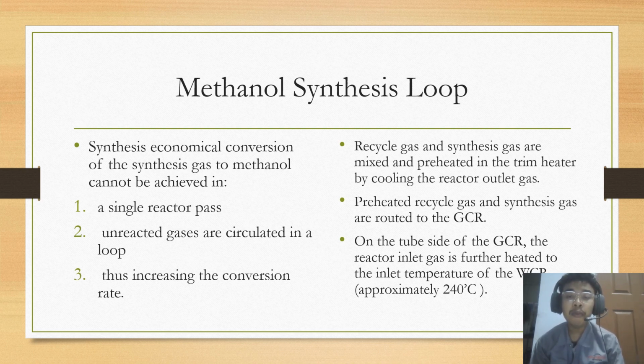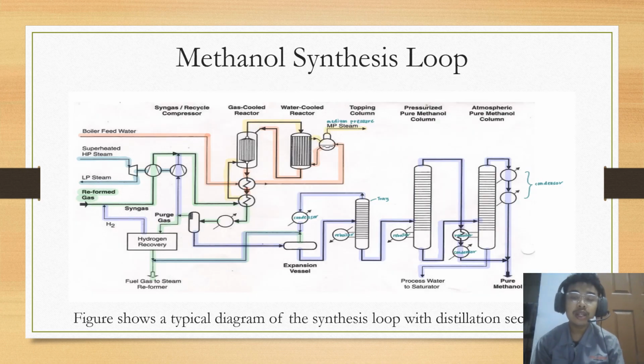The preheated recycled gas and synthesis gas are then routed to the GCR. On the tube side of the GCR, the reactor inlet is further heated to the inlet temperature of the WCR, which is approximately 240 Celsius.